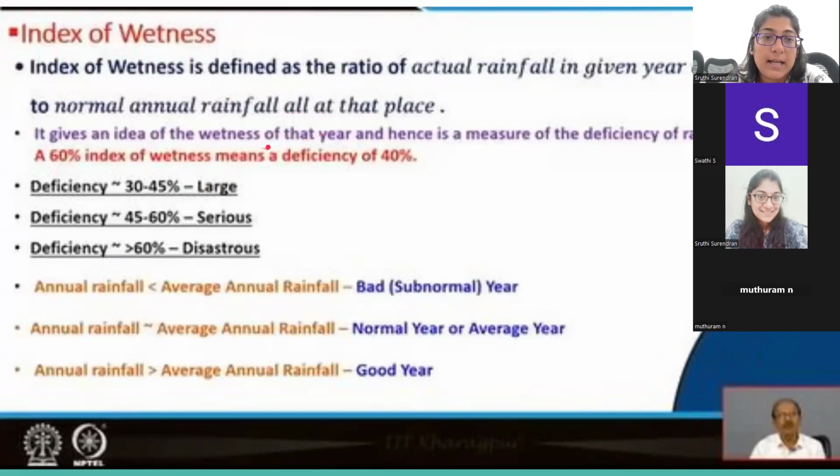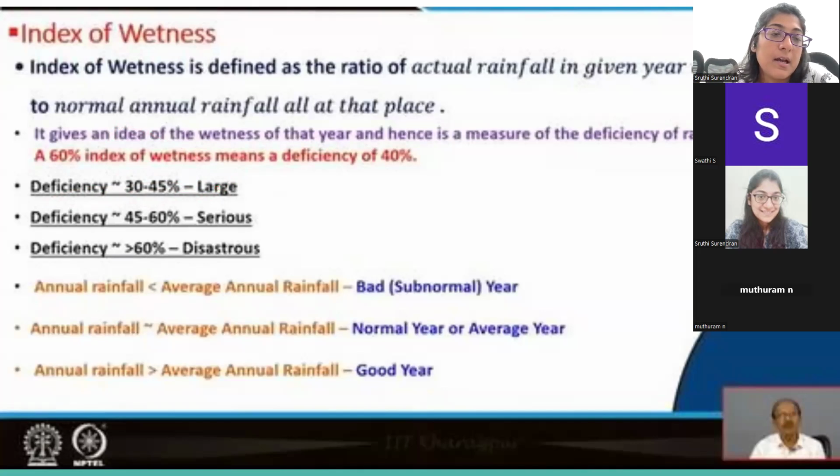Again, like I said, it is giving us how much water deficiency we've had in that year or how much excess we have had in that year. So if we get a 60% index, it means we are deficient by 40% of rainfall. If the deficiency is around 30 to 45%, we say that it's a largely deficient year.